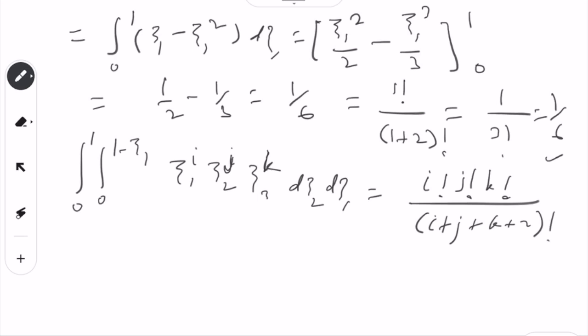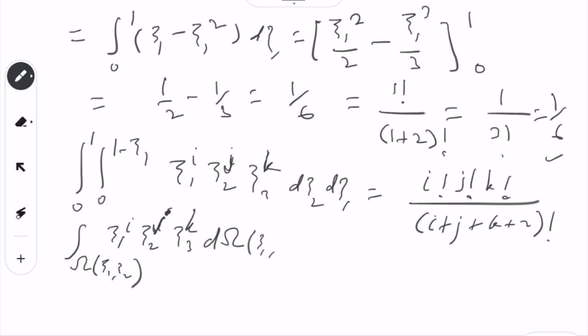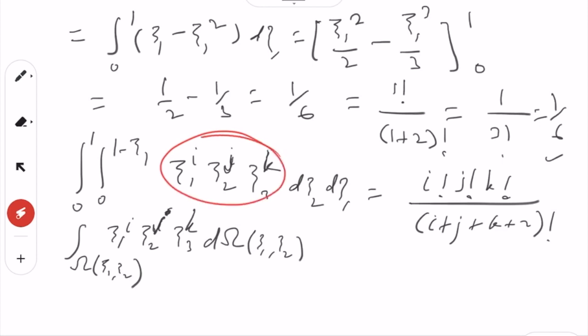If we integrate over the whole domain in the xi1 xi2 system and write d, multiplying by the area in xi1 and xi2, then you know that in this case your Jacobian is already multiplied into this. That's why we are writing it like that.